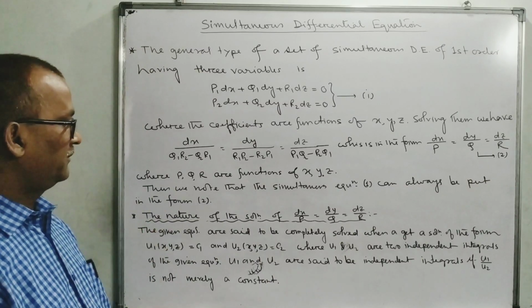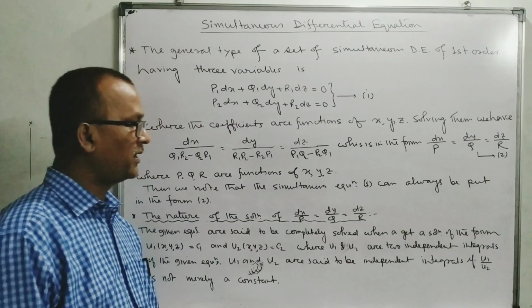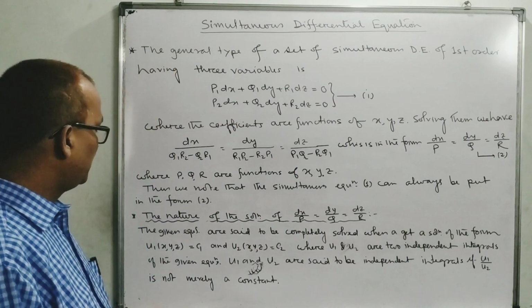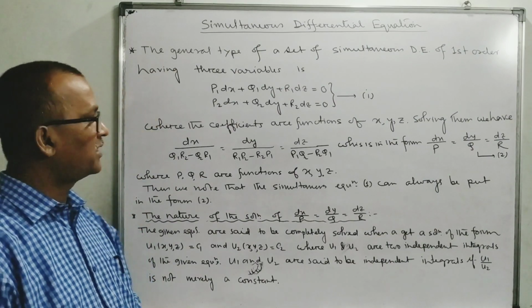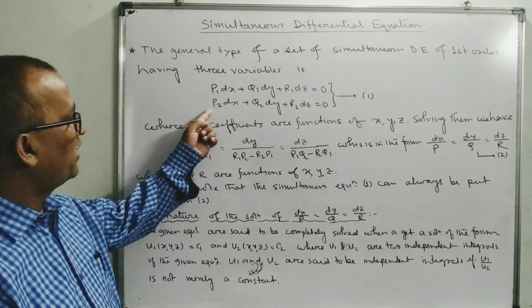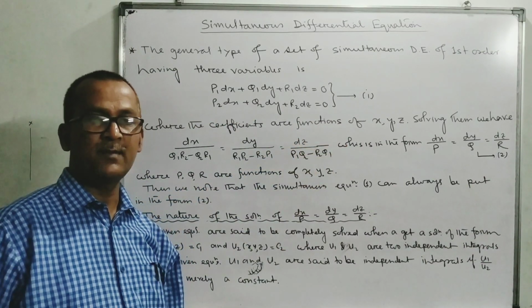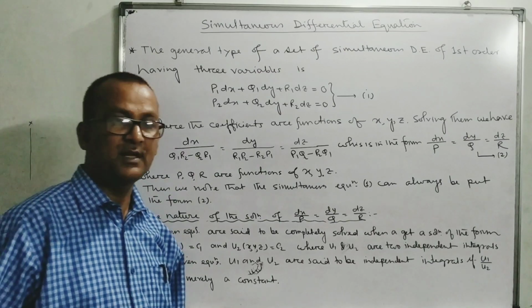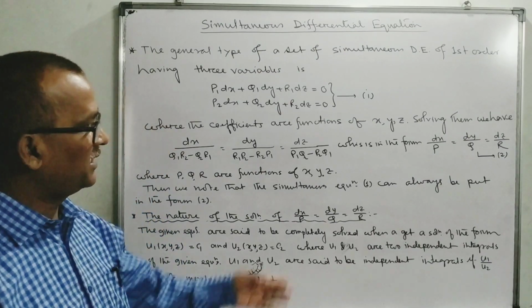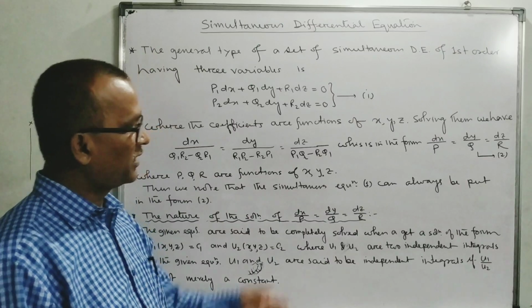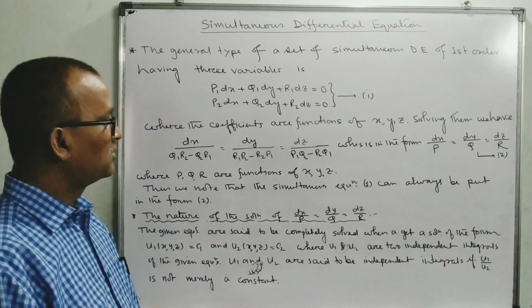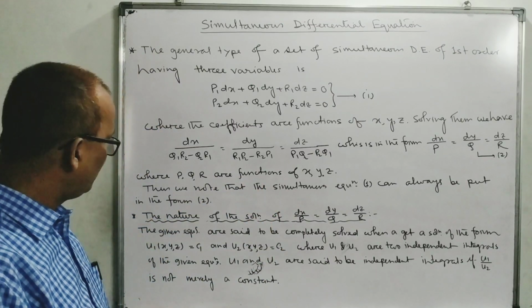Thus we note that the simultaneous equation 1 can always be put in the form 2. When two equations are given in this way, this can be converted to equation number 2 by applying the cross multiplication method. So finally, from equation 2 we can solve the differential equation.